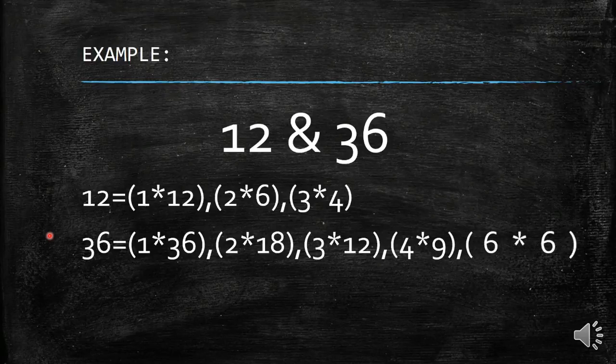We have 1 times 36, 2 times 18, 3 times 12, 4 times 9, and 6 times 6. So notice that they have 12 as their common factor. So which is the greatest? So the answer is 12. Their greatest common factor is 12.